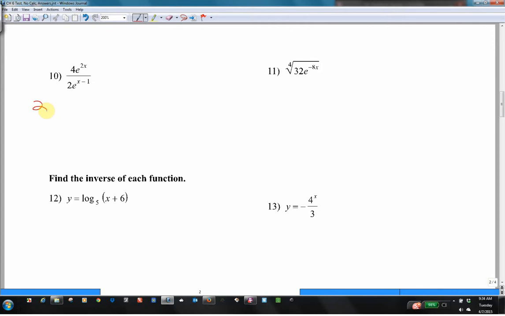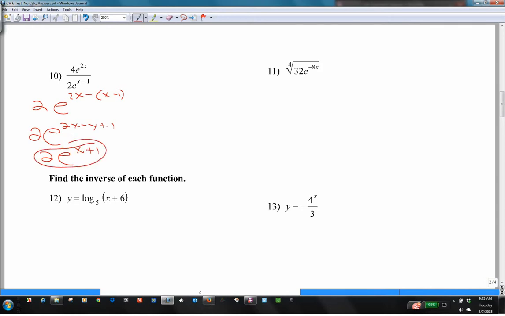And then I have the same base, so I'm going to subtract the exponent, so that would be 2x minus the whole exponent x minus 1 in the denominator. So that would be 2e to the 2x minus x, and then a minus distributes over to the negative 1, so it'd be plus 1. That would be 2e to the x, and then I've got plus 1.